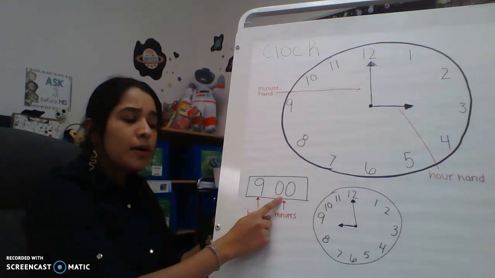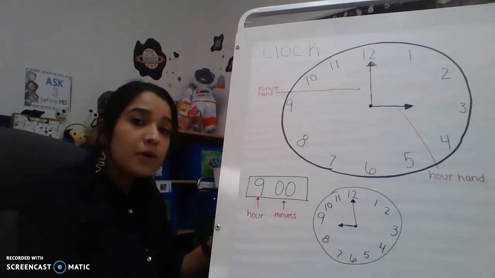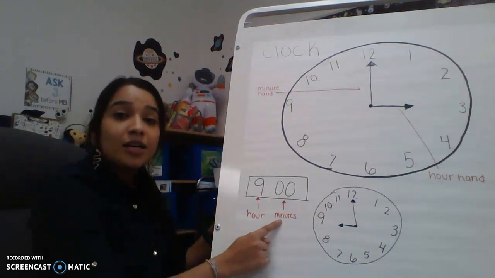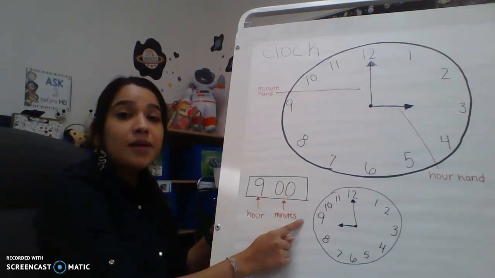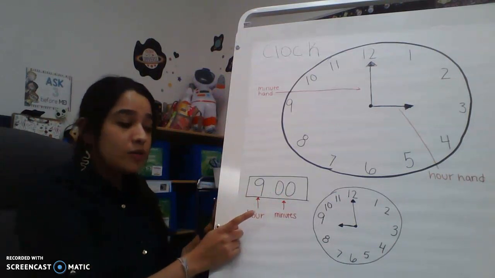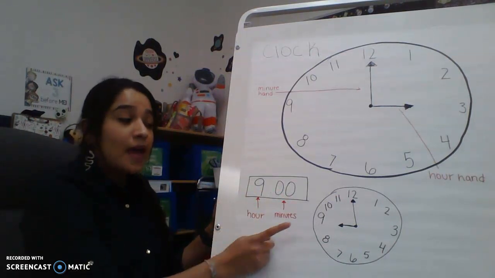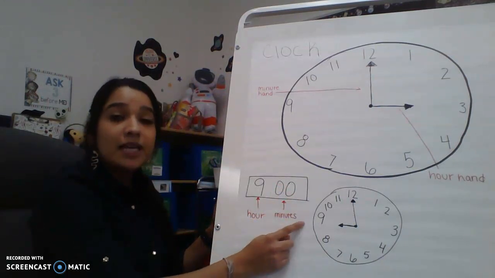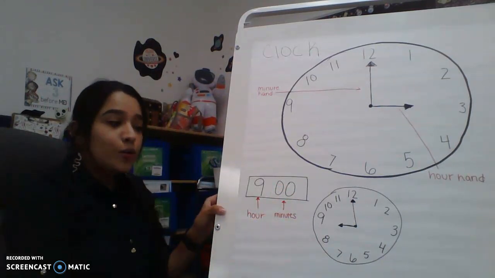So then what about these other two numbers? What do they represent? Yes, the minutes. So the first number always represents the hour, and the other two numbers after always represent the minutes. So what is the hour?